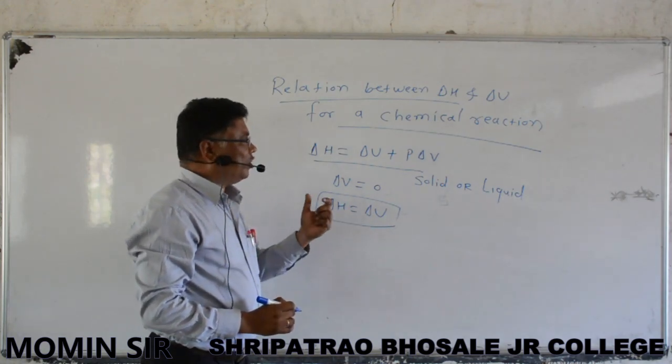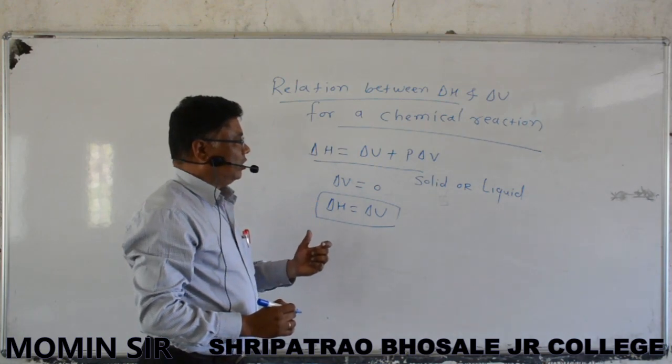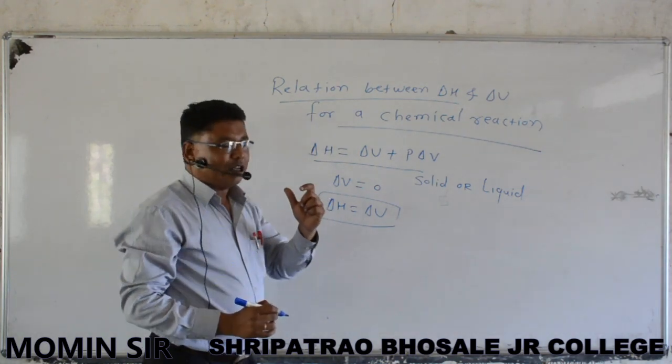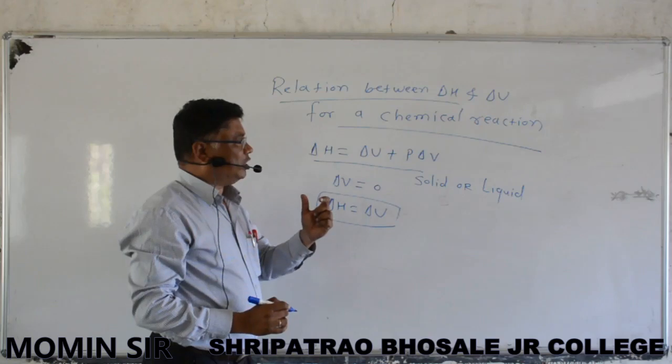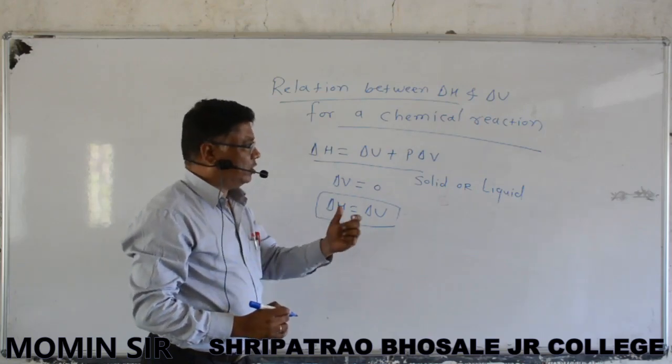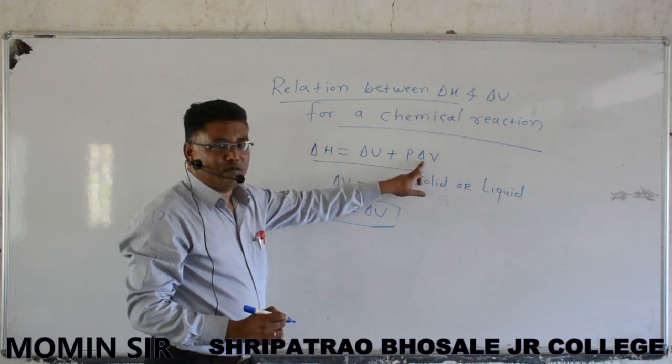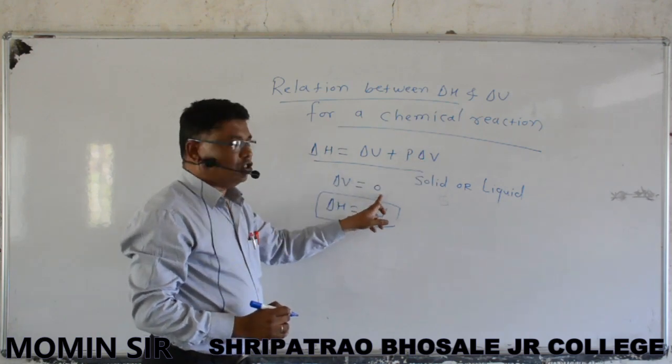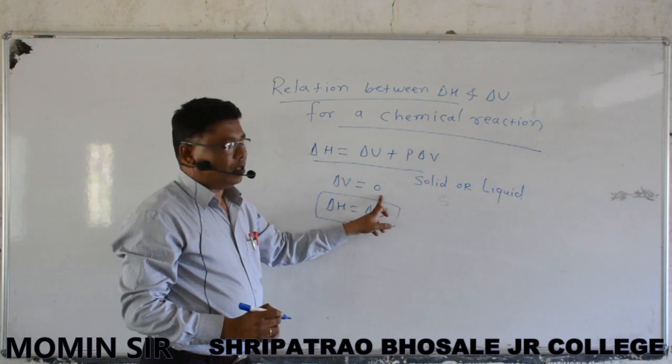But in case of gaseous reactions, or those chemical reactions in which reactants and products are in gaseous state, then change in volume delta V is not equal to 0.